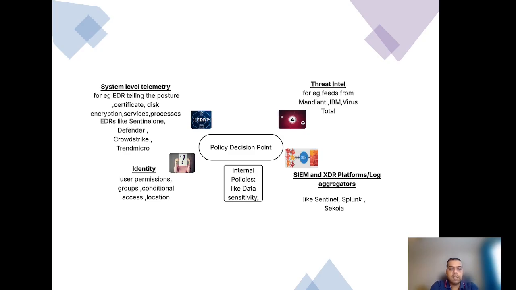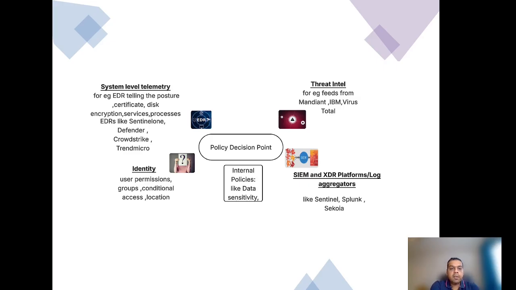Also, in this particular slide, I'm showing you the policy decision point. What are the different sources for the PDP? Like I mentioned before, PDP gets information from the identity platforms like user permissions, which group users are part of, conditional access, and location-based information. So identity is one of the most important elements of PDP.